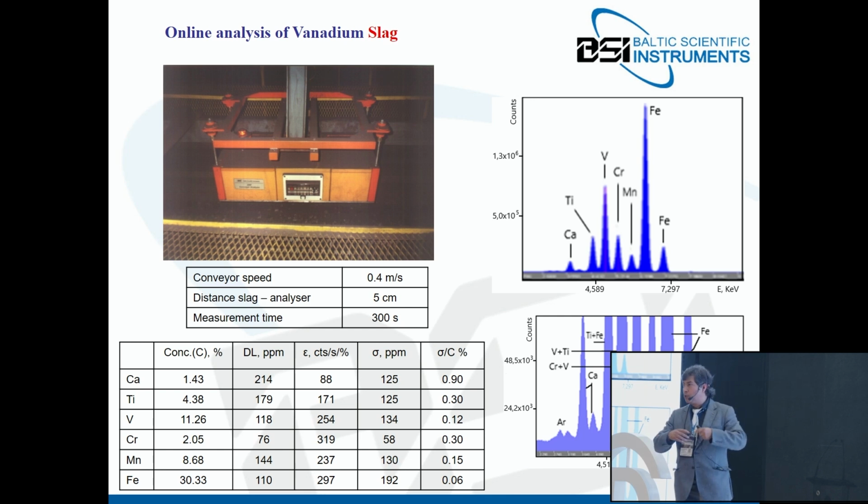If we zoom in on the region of interest, we can see more detail of the spectrum, and we see that the peaks are overlapping with each other. So we had to perform the convolution of the peaks, and we obtained the concentration results for each of the elements detected in the slag. Here are the detection limits in parts per million, the sensitivity, and the accuracy of the results.